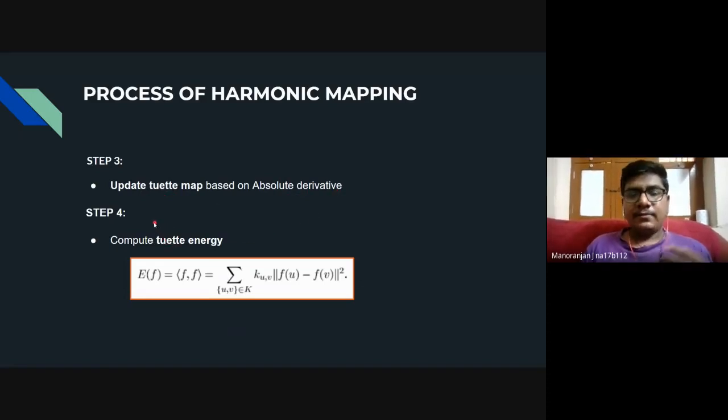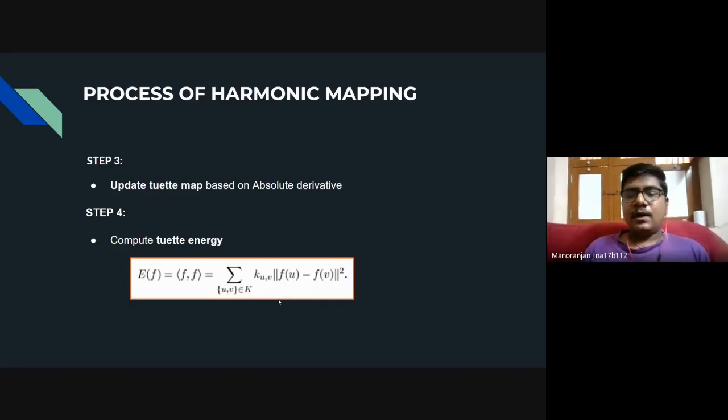And to get a sense of where to stop, we use the Tutte energy. The Tutte energy is given by this equation. Here also k_uv is 1. So you will be taking the norm of f of u minus f of v, and this is nothing but the Tutte map values.